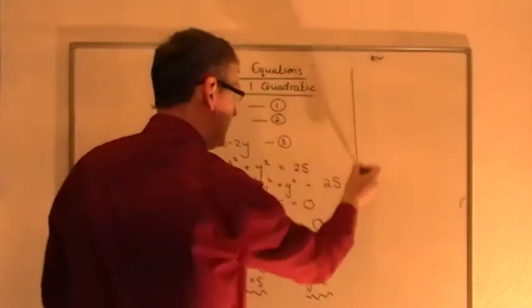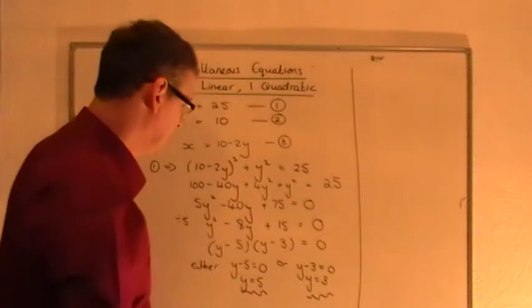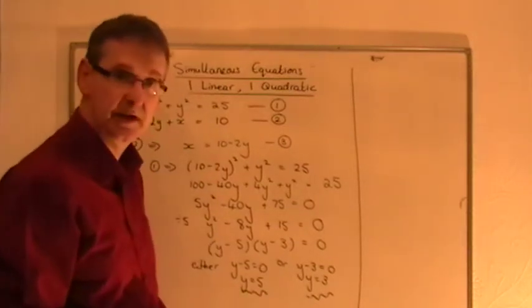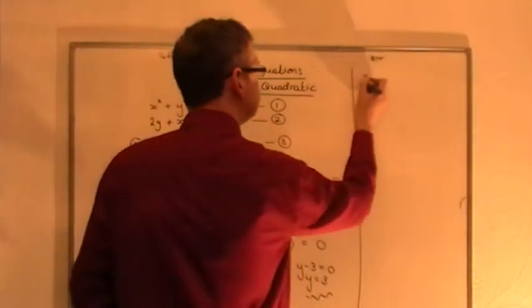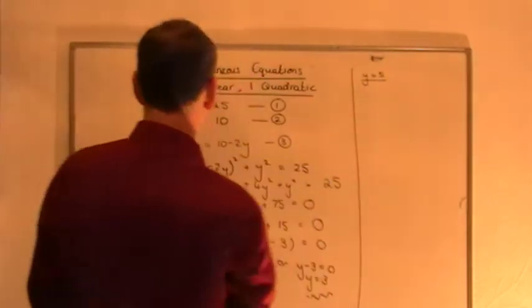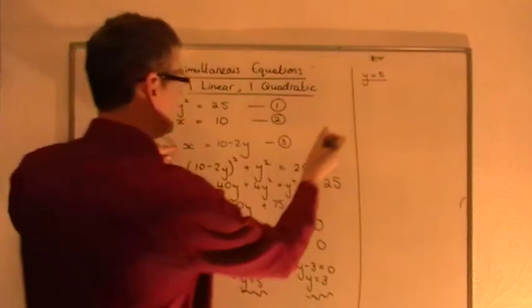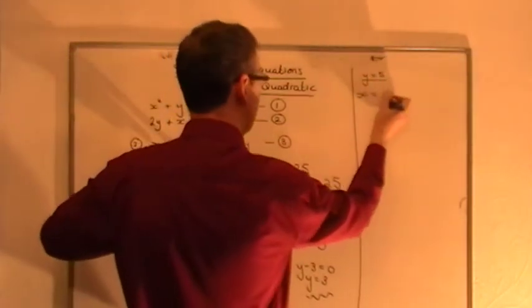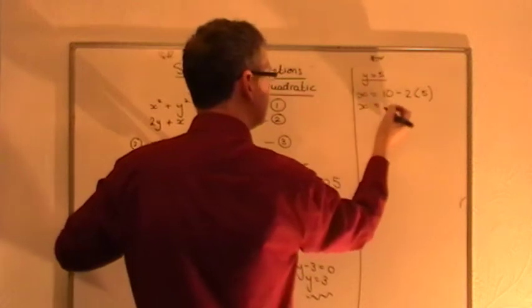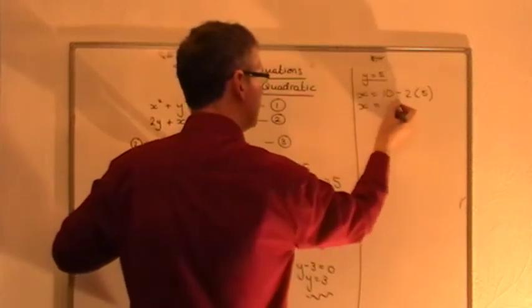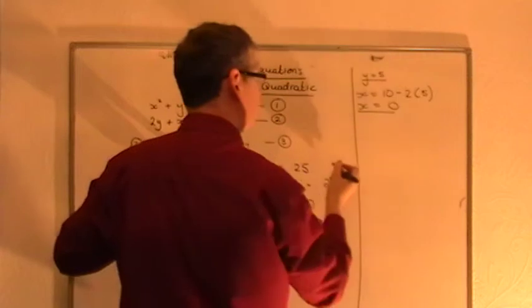For each one of these in turn I'm going to work out what the x value to go with them is. So if y is 5, go back to equation 3, you can see that x is equal to 10 minus 2 5's. So x turns out to be 10 take away 10, which is nothing.